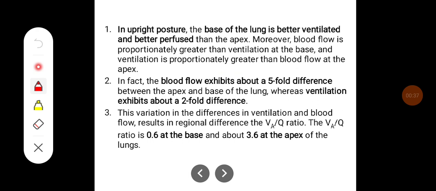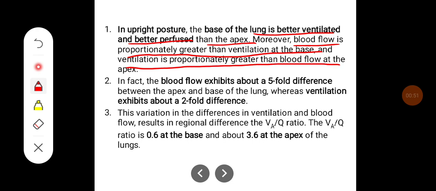In upright position or posture, the base of the lung is better ventilated and better perfused than apex. Moreover, blood flow is proportionately greater than ventilation at the base, and ventilation is proportionately greater than blood flow at the apex.